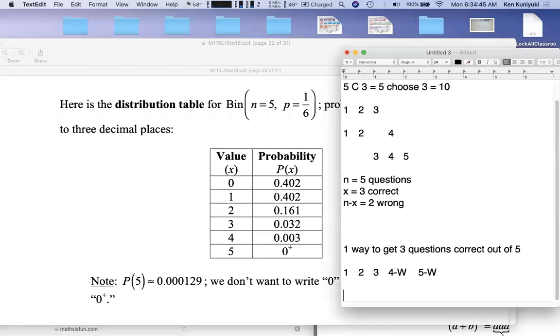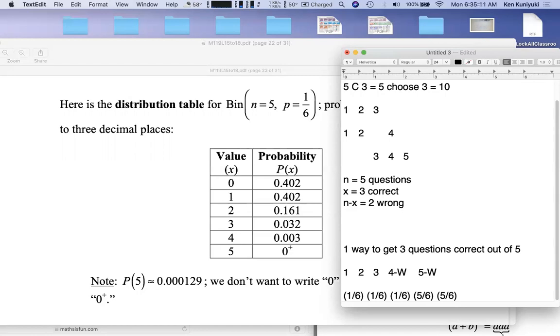So what's the probability of getting number 1 correct by random guessing? 1 out of 6, which is the value of P. The probability of getting number 2 correct, 1/6. The probability of getting number 3 correct, 1/6. Now, the probability of getting number 4 wrong is 5/6, which is Q, and the probability of getting number 5 wrong is 5/6, which is Q.